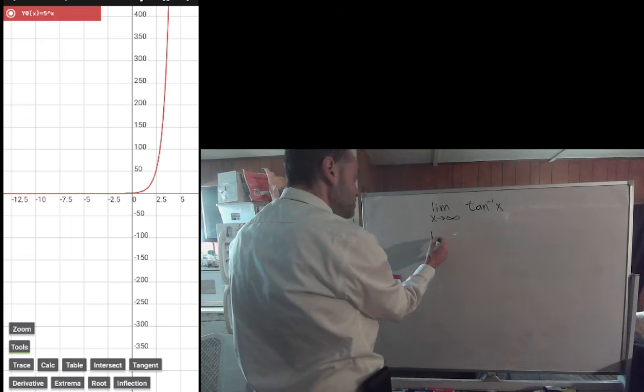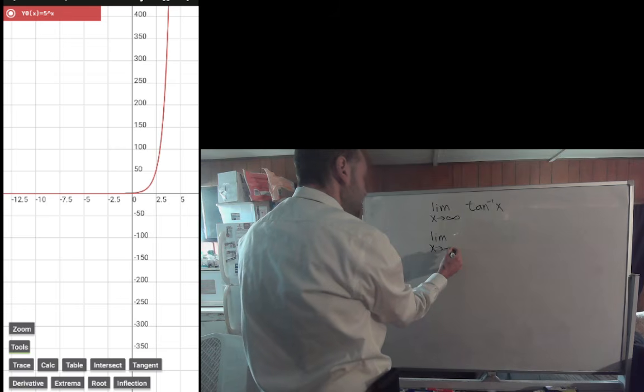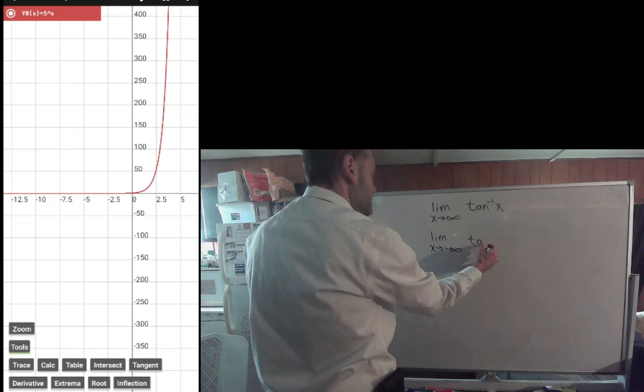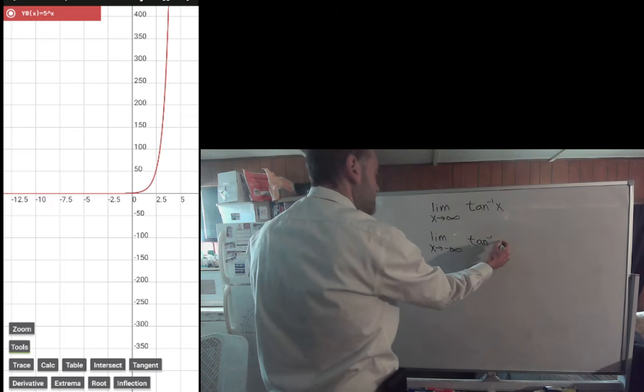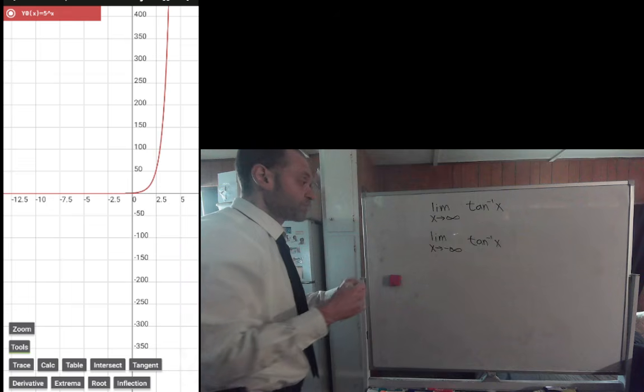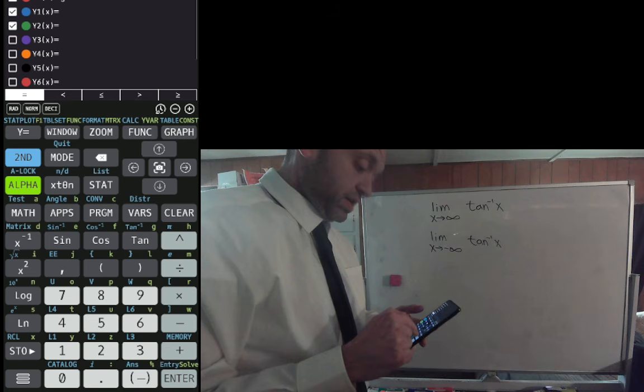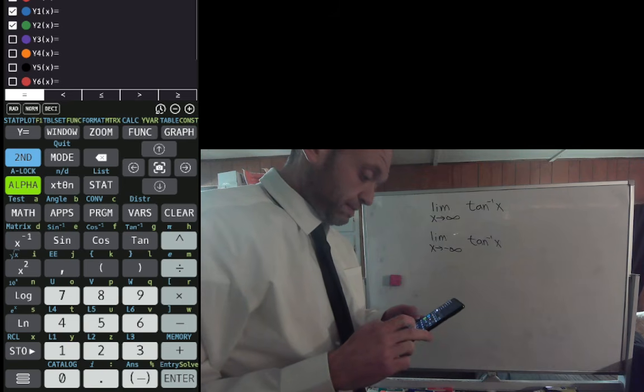And we'll also do the limit as x approaches negative infinity of the inverse tangent of x. Why don't we do those? And I'll even put them on the screen here for you. I'll put the inverse tangent of x on the screen so you could see it.